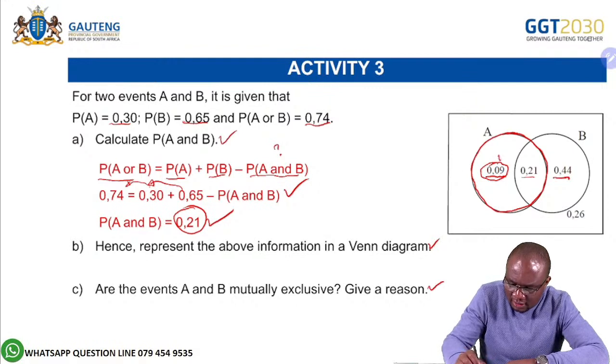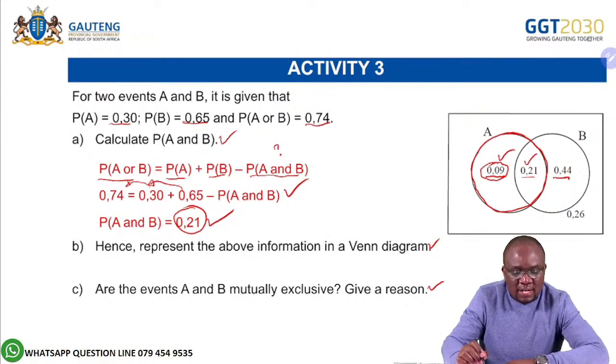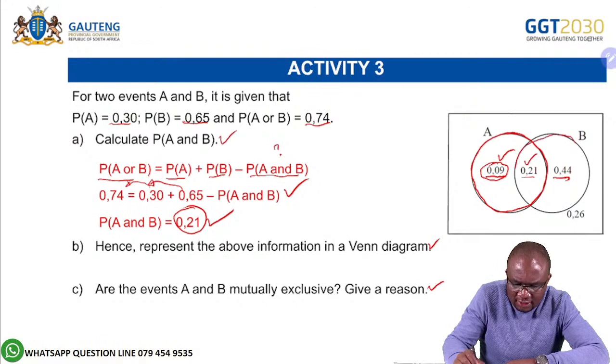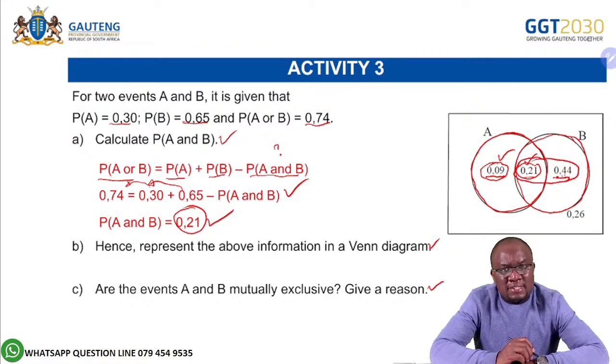So it is this and this that gives us 0.3 if you add them. Same thing this side. Okay, the whole B is what? 0.65. And then if you say 0.65 minus 0.21, you'll get 0.44. But if you add these two, you'll get 0.65.